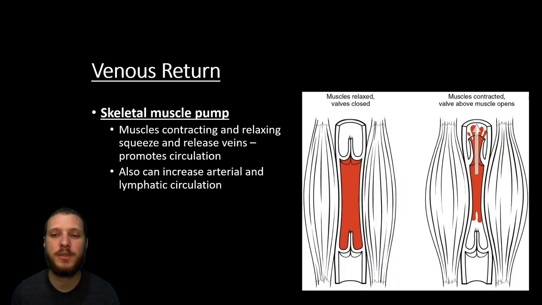Another way to increase venous return is that surrounding each of these veins, we have our skeletal muscles. As they contract, they push against those venous walls and squeeze the blood up through those valves to help it return back to the heart. So we always need a constant tone in our skeletal muscles, or a constant contraction and relaxation, to do this. I'm sure I said at some point, it's not uncommon to see people that aren't using their muscles pass out if they're standing.